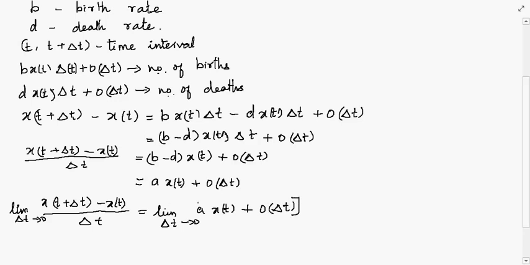As I said earlier, this order of delta t will tend to 0 as delta t tends to 0, and the left hand side is nothing but the derivative of x of t with respect to t.